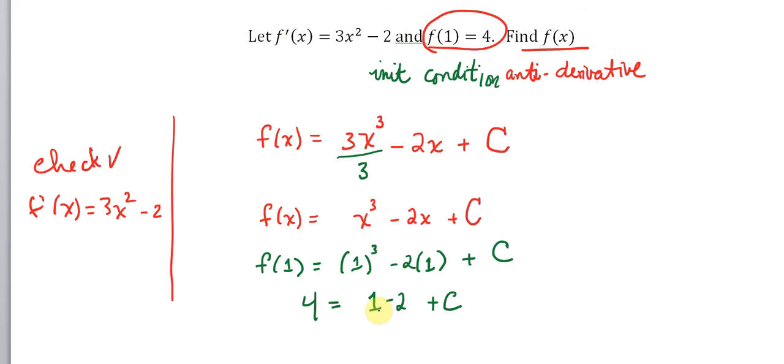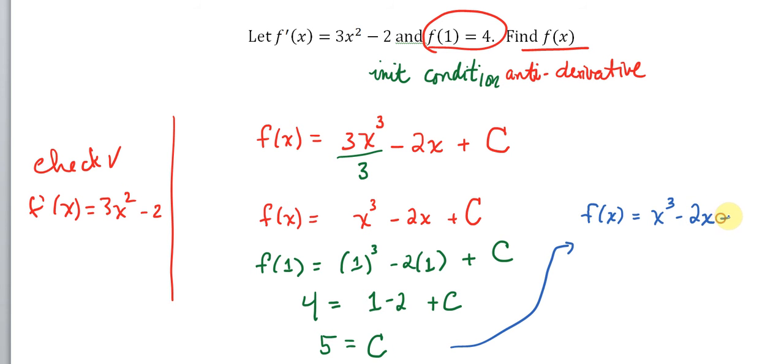So it's not hard to see here, 1 minus 2 is going to be negative 1. Add that to both sides, and we get that c is equal to 5. So our final solution is going to be, let me change up some colors here, f of x is equal to x cubed minus 2x plus 5.